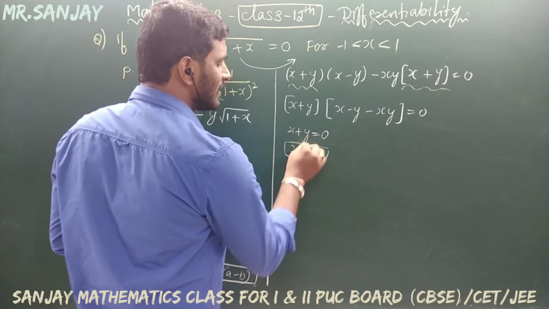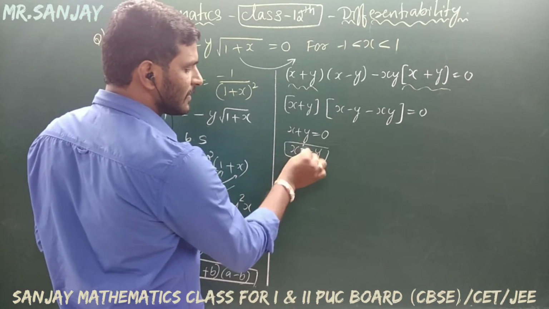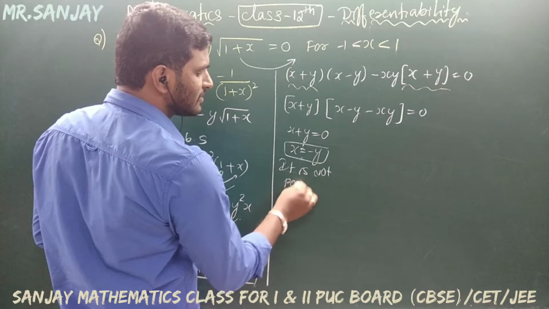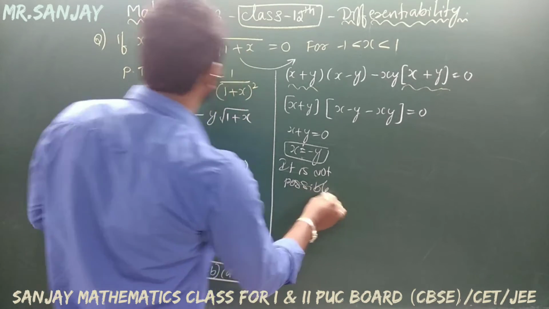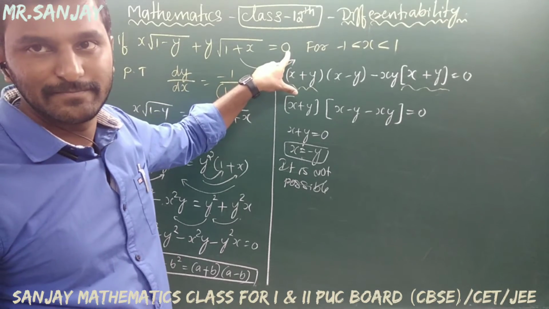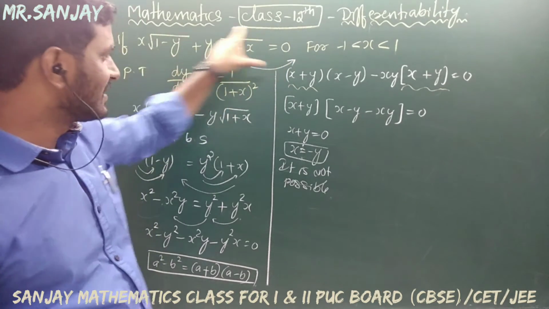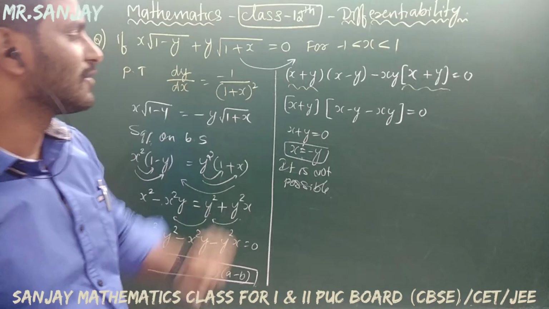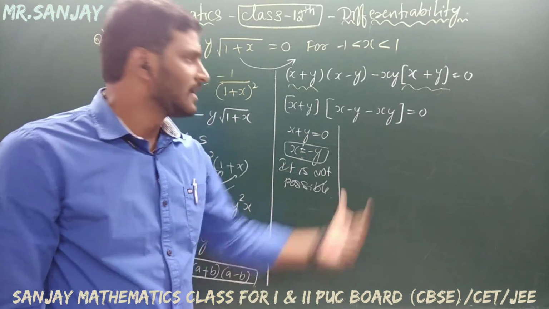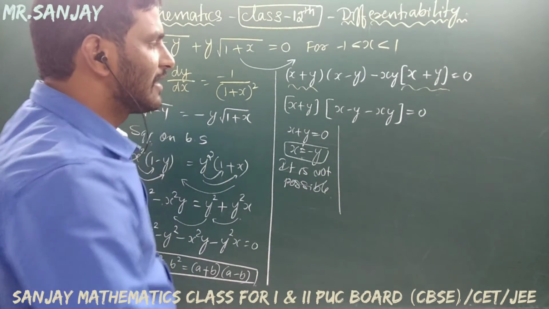It is not possible, because if I substitute x equal to minus y, you are not getting the exact answer 0. We are just simplifying this equation. So just neglect x plus y equal to 0 and continue to find the y value.